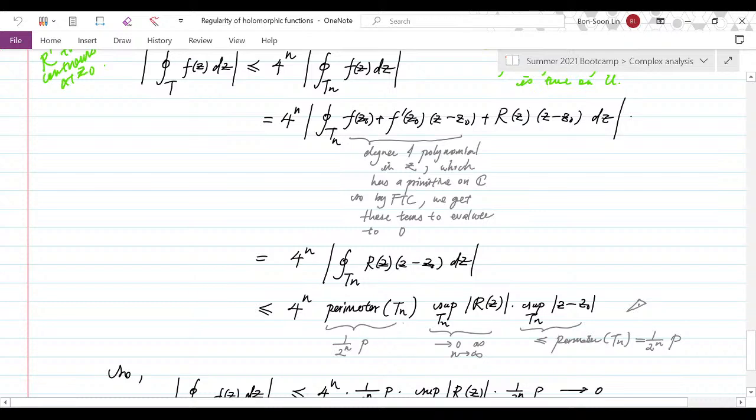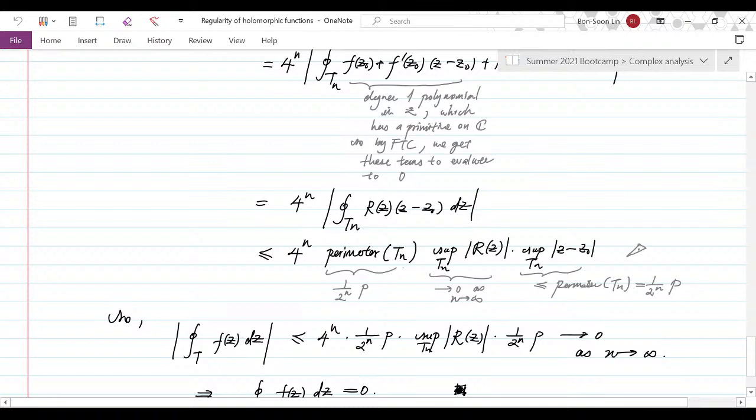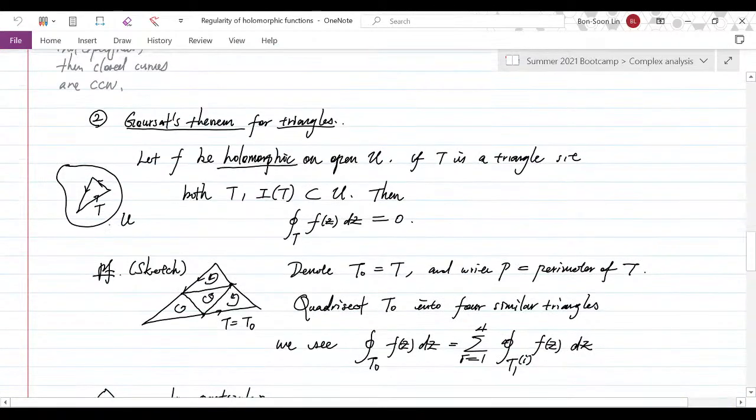So the math shows that the integral along this triangle is less than some quantity that goes to 0 as n goes to infinity, hence showing this is 0. So Goursat's, again, for a triangle says if you are holomorphic on an open set that contains a triangle and its interior, then the closed loop integral along the triangle will be 0. Okay.